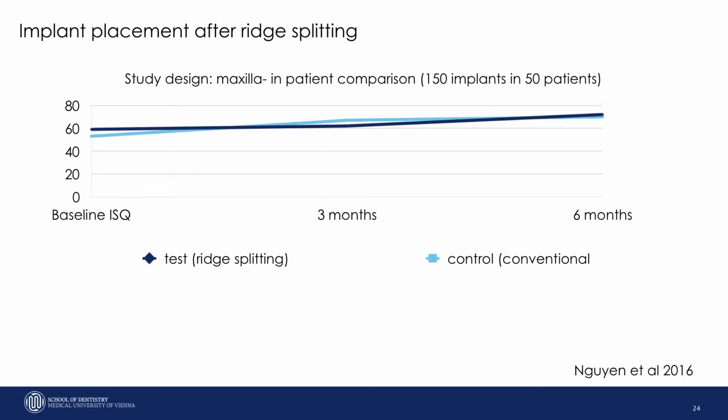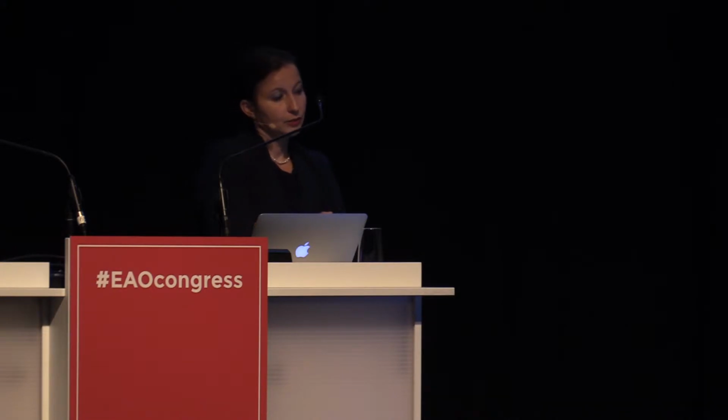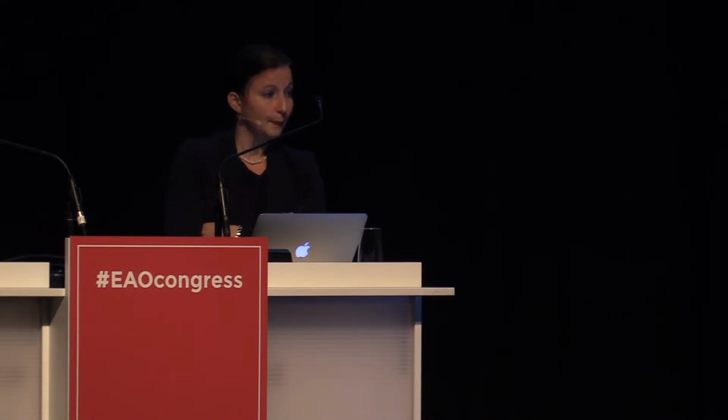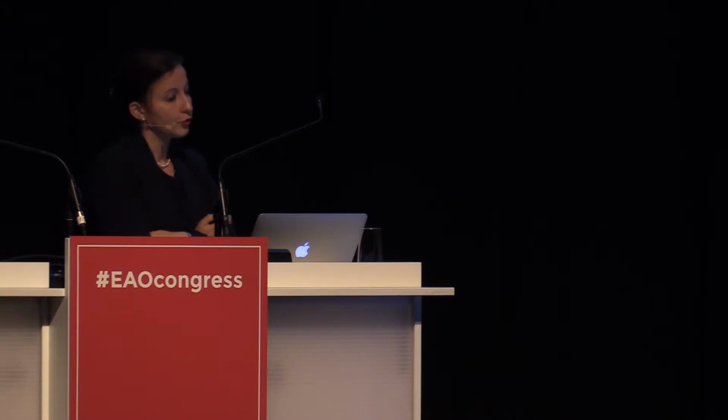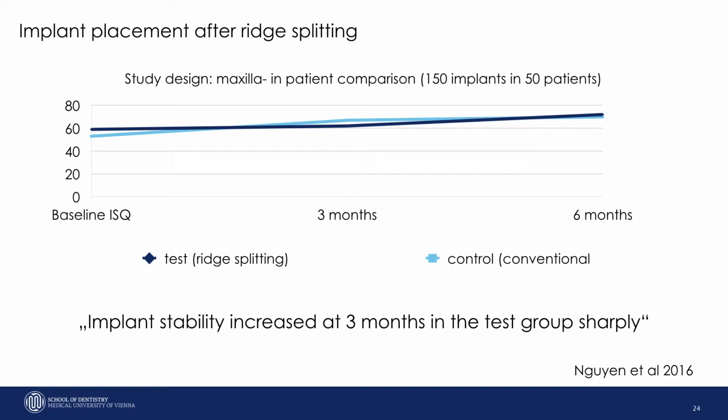What about bone augmentation? And Paul Rosen showed a very nice case with this GBR technique. And when you go to the literature, it's very hard to find a lot of studies on bone augmentation procedures and implant stability. But this one, I think, really nicely highlights that when the patients underwent ridge splitting, after 3 months there's a little decrease in implant stability, and at this time the implants catch up.